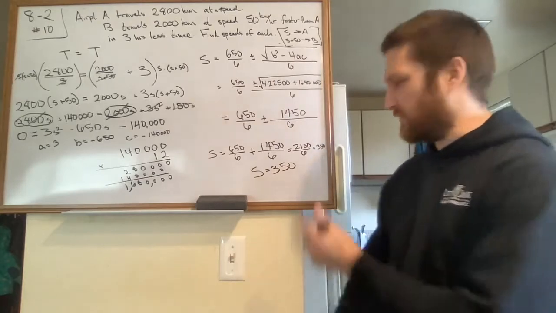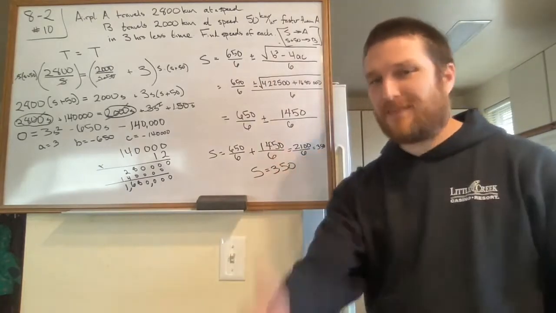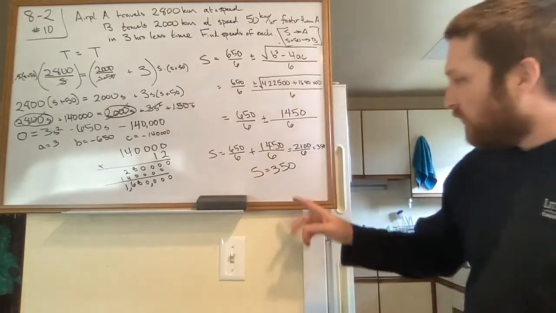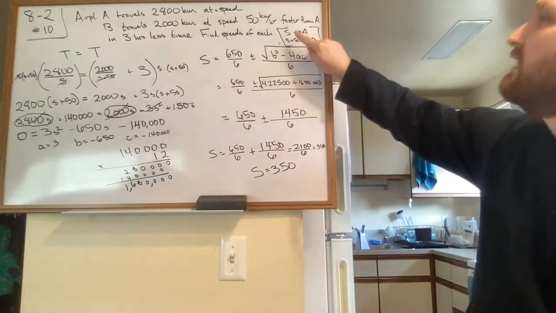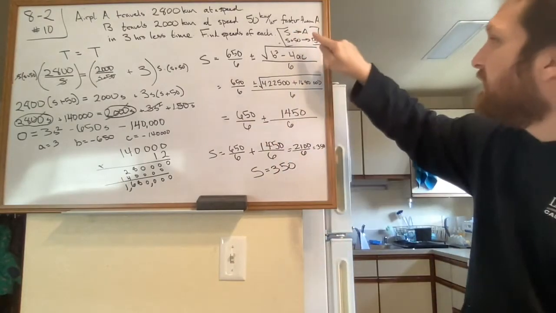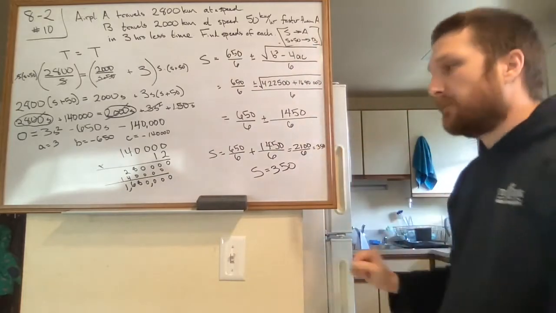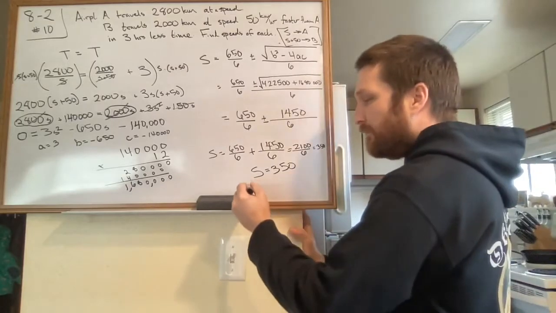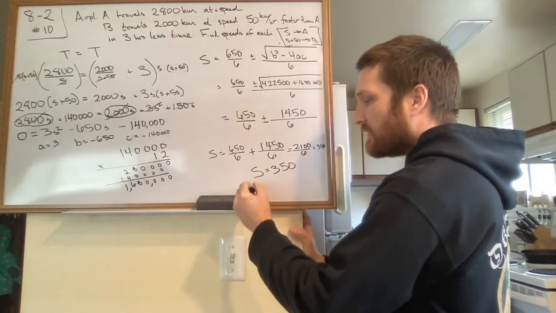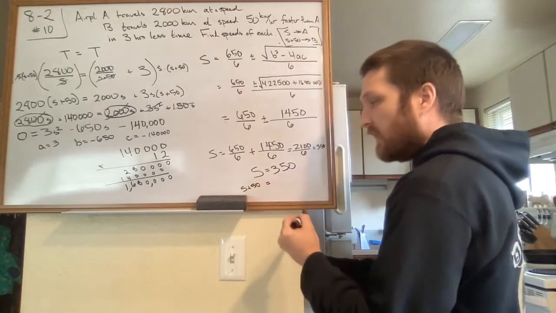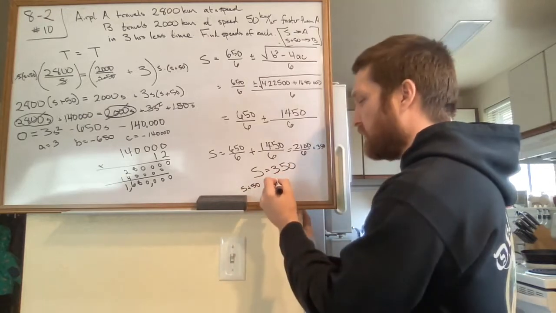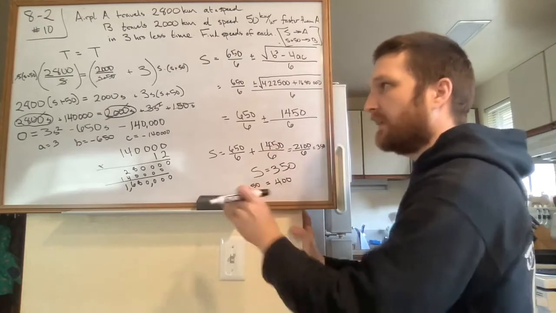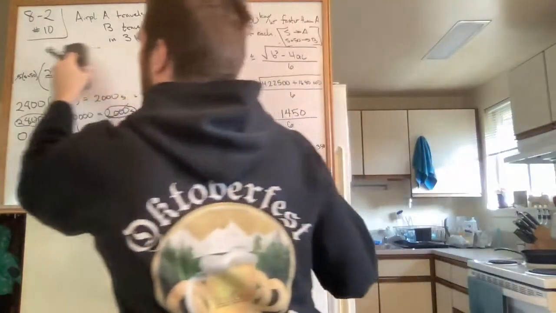Oh, I was trying to find S, and I just put a box around S. That's not what they asked. S was the speed of A in kilometers per hour, and we knew that the speed of B was S plus 50. 50 plus that would just be 400.